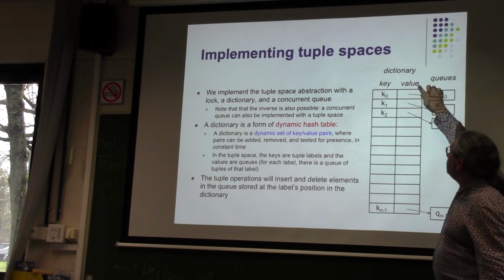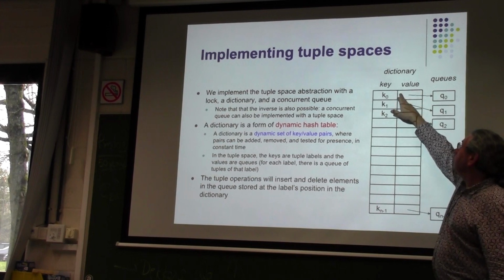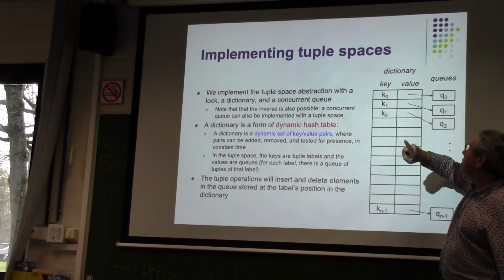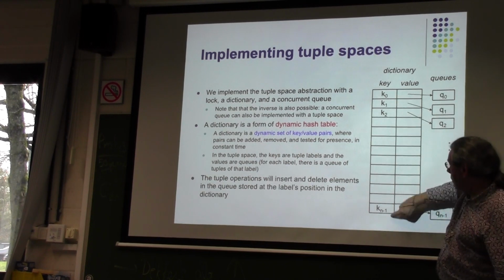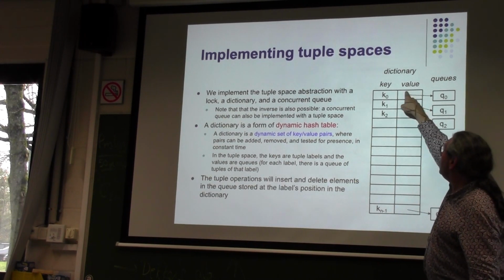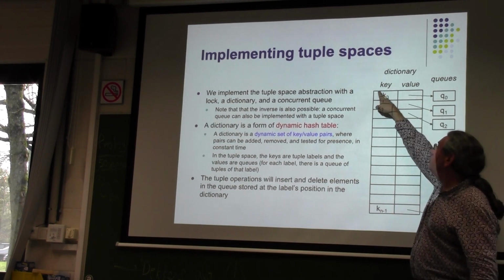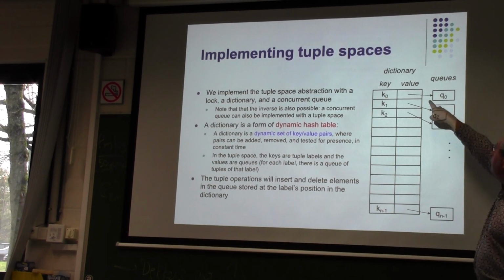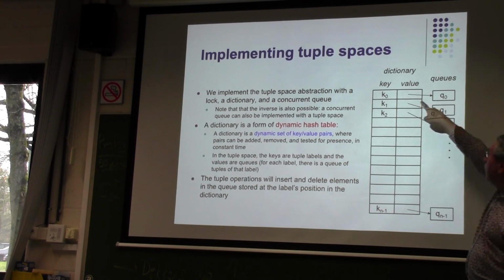So here's a dictionary. A dictionary is just a hash table, where you have keys and values. So you can look up the values. You can add new ones or remove, so there are many operations. But basically you can look up the value, and the key is going to be the label of the tuple. And the value will be a queue, and it will be all the tuples with that label.